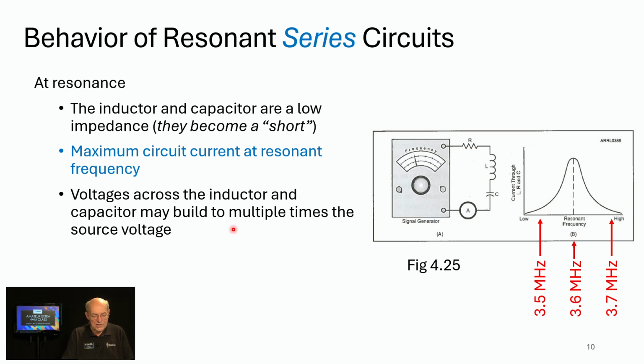So voltages across the inductor and capacitor may build to multiple times the source voltage. So if we're putting out 10 volts of RF out of the generator, and then you put a voltmeter across the coil or the capacitor, you could be seeing 100 volts at that point, which is really amazing.